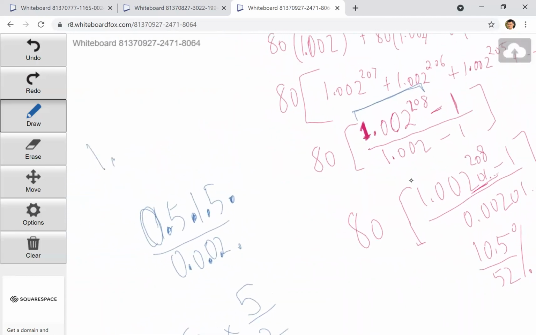Wait, could you do 1.002 to the power of 208 again? It was 1.51525. Oh, so it's not even more than 2. It's less than 2.